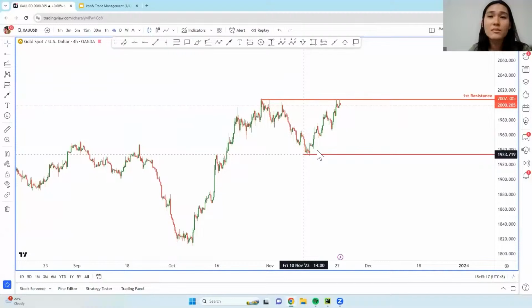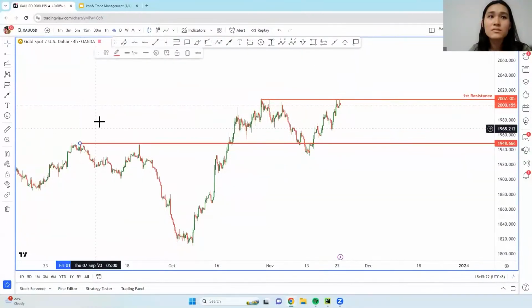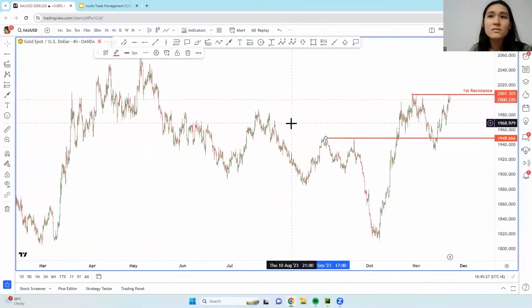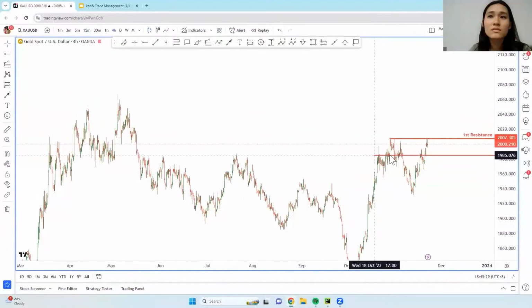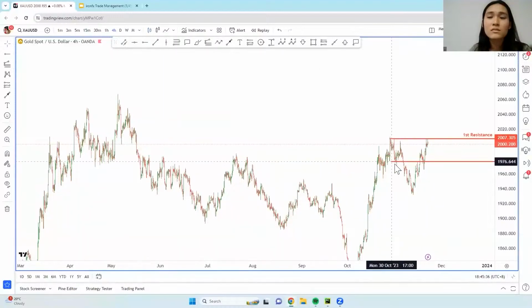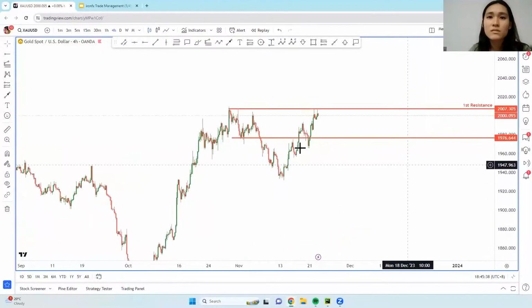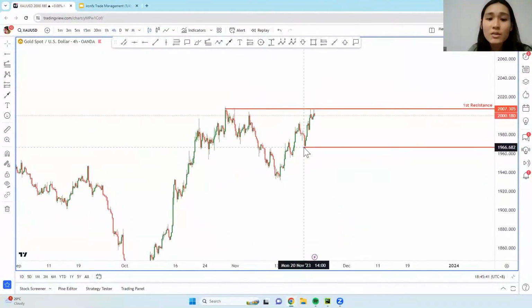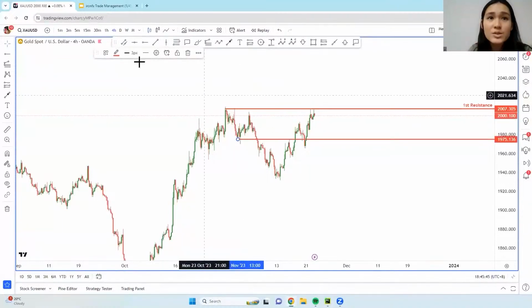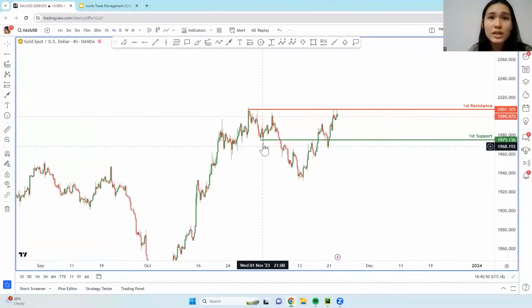And then, I think I will place my first support over here. This is an overlap level as well. We have a swing low here and a swing high here that line up.